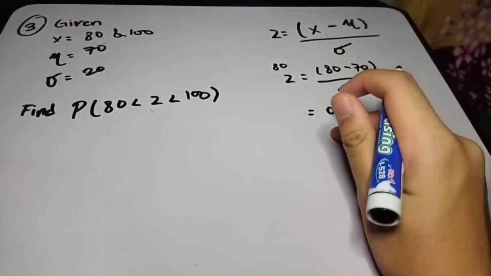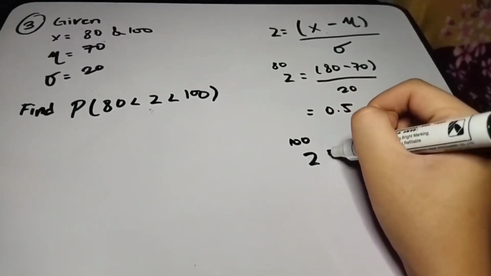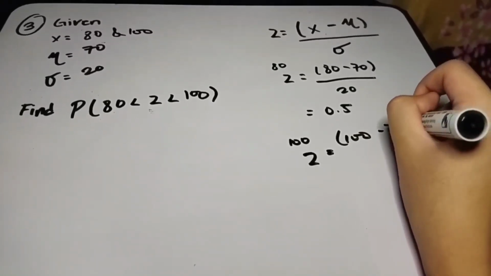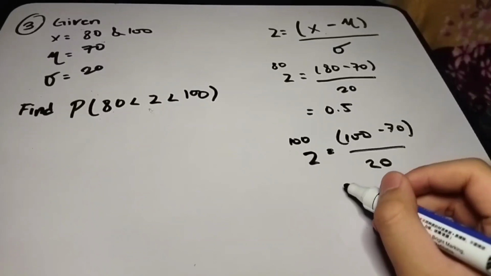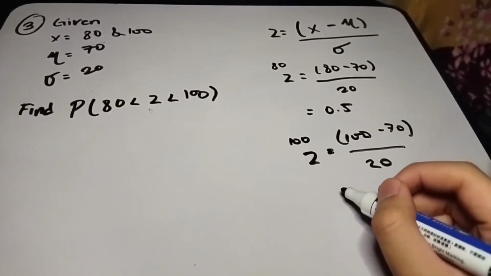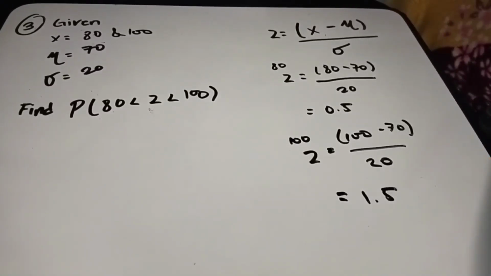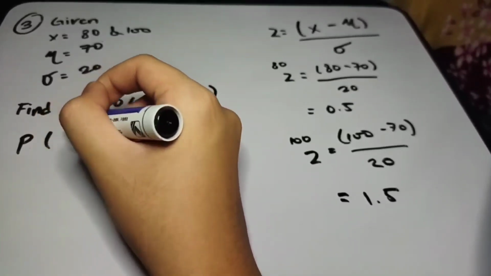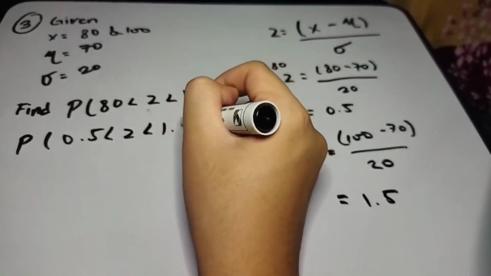So for our first value, and for our second value, 100, that is z equal to 100 minus 70 over 20. So 100 minus 70, we will have 30, and divide that by 20, we will have 1.5. So now we got our two values, we can substitute. So the probability that z is between 0.5 and 1.5.